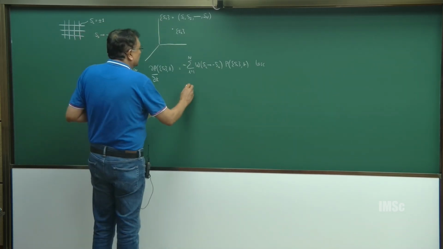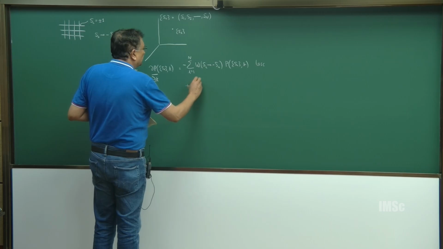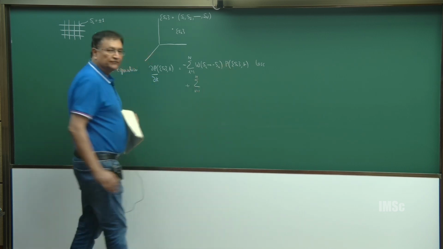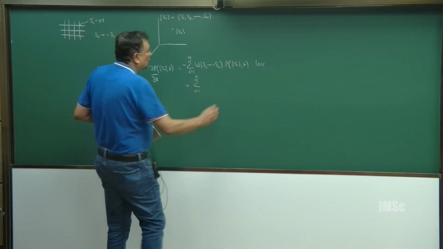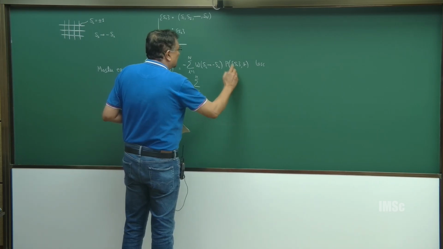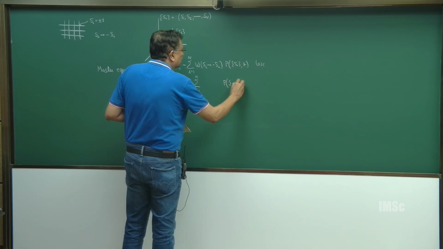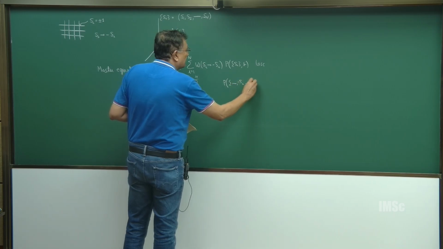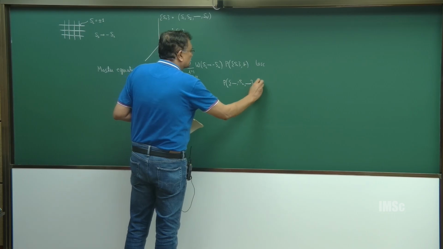Okay. And then there is similarly a gain term from nearby configurations, which basically takes a configuration differing from this configuration by just one single spin. So, this is the configuration exactly the same as this one, except instead of Si I have minus Si. All the other spins are the same.